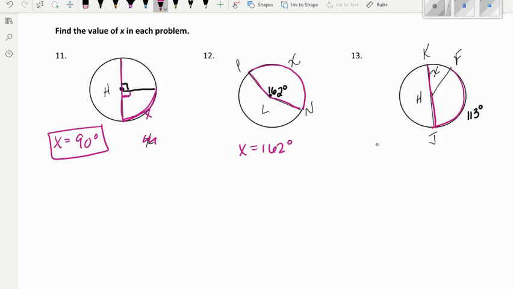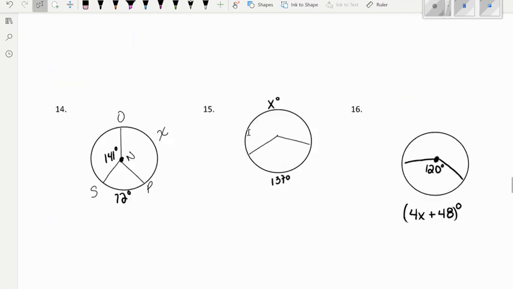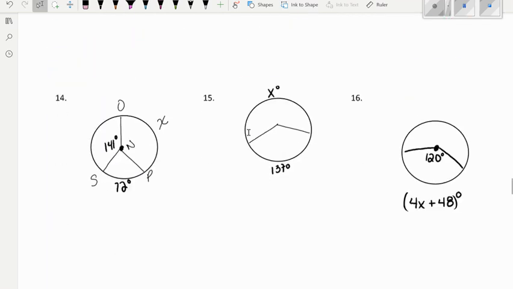So we know that from K to J, that is going to be 180 degrees. So if I want to find x, x is equal to 180 degrees minus 130 degrees, which means x is equal to 67 degrees. For the next one, 14, solving for x.